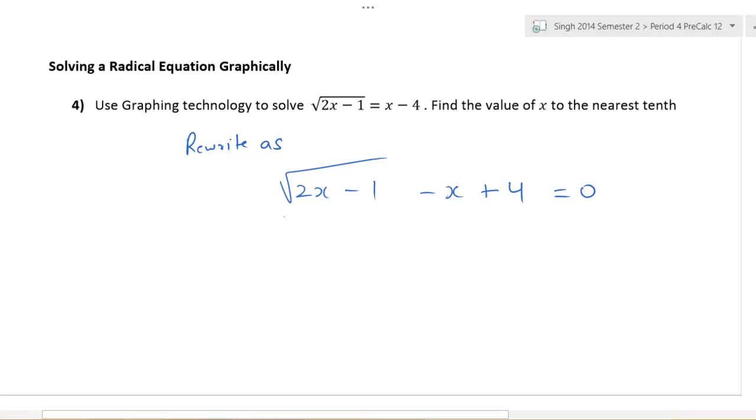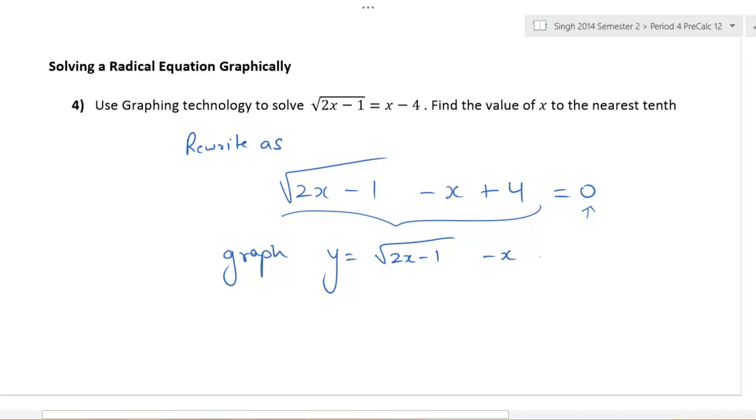And then I can simply graph this left hand side and look for its intercepts. Okay, so I'm going to graph y equals that function, square root of 2x minus 1 minus an x plus 4, and look for intercepts.